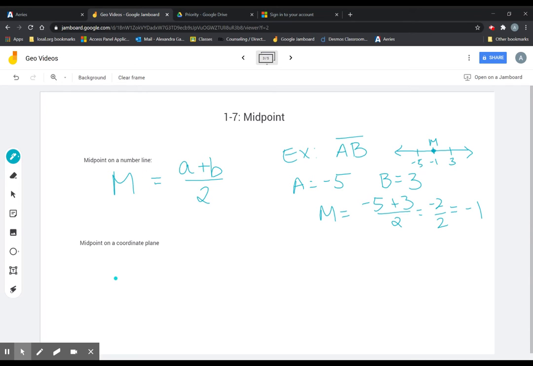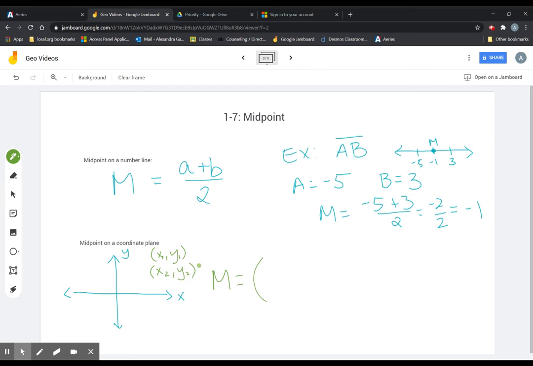Now, if we're working in a coordinate plane, which is the XY plane that we used in Algebra 1, we've got our points that are labeled X, Y. So finding the midpoint of some points on a coordinate plane, we take M, and we're going to have 2 points, X1, Y1, and X2, Y2.